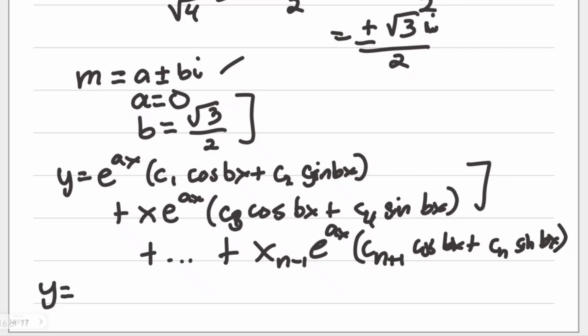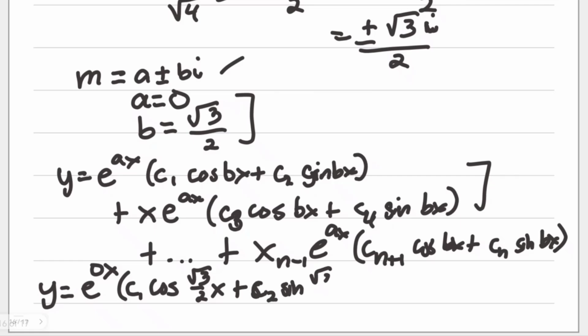y is equal to e to the power of 0x, that's your a, times c sub 1 cosine of your b, which is actually square root of 3 over 2, so please do not forget about that. You will have square root of 3 over 2 x, plus c sub 2 sine of square root of 3 over 2 x.